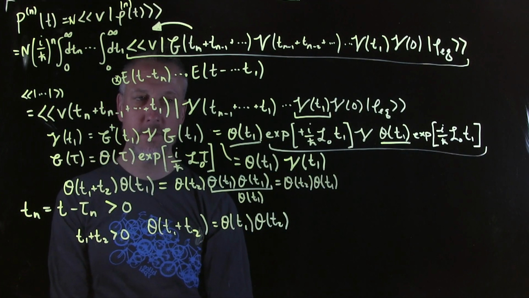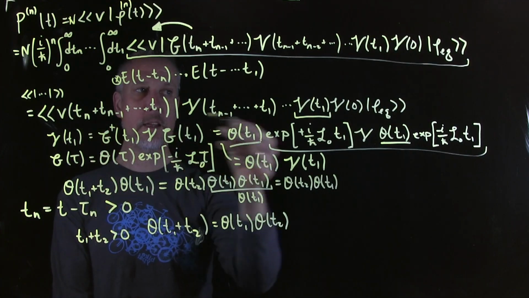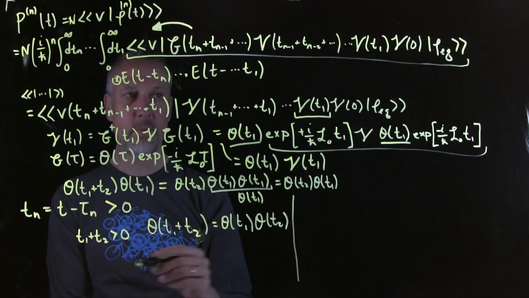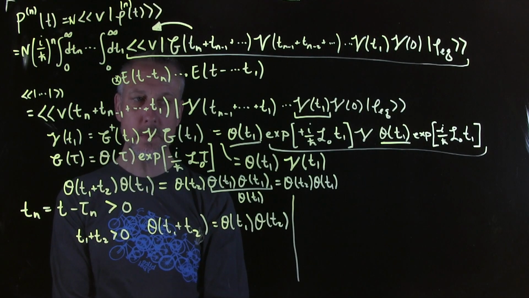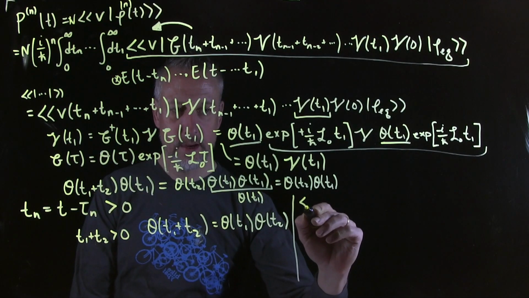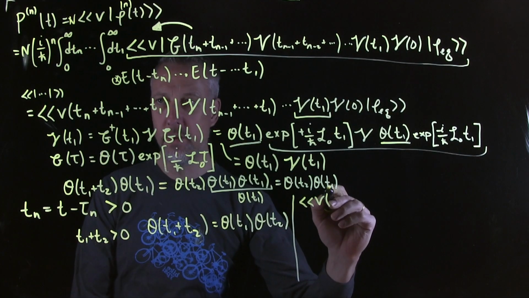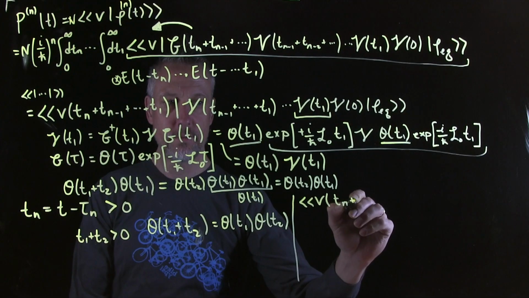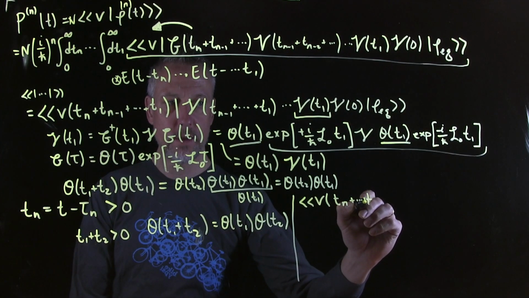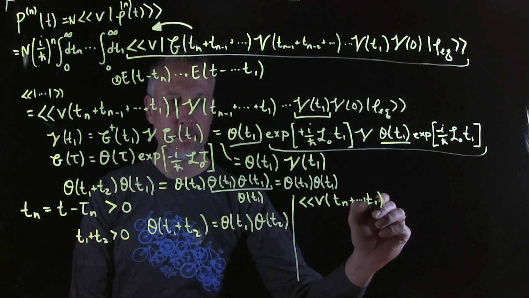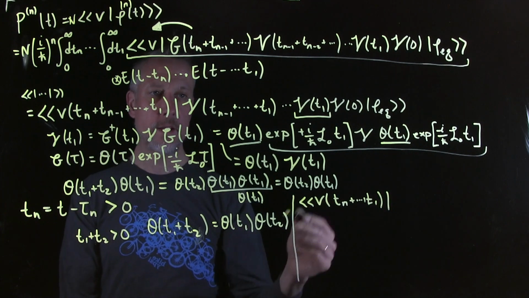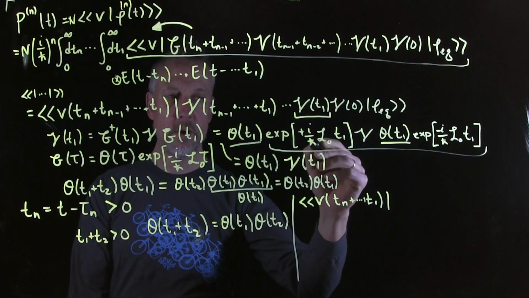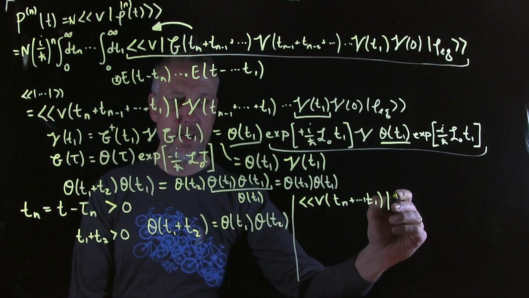So that simplification allows us to rewrite this whole business with this sort of expectation value in the following way. So we have V. The V part's not going to change. The script V's are actually going to be the same script V's, but we're going to pull out the theta parts.